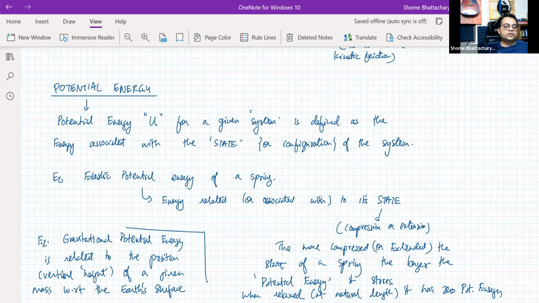And again, logically, you would have understood that the higher the height from the Earth's surface, the more gravitational potential energy it has.